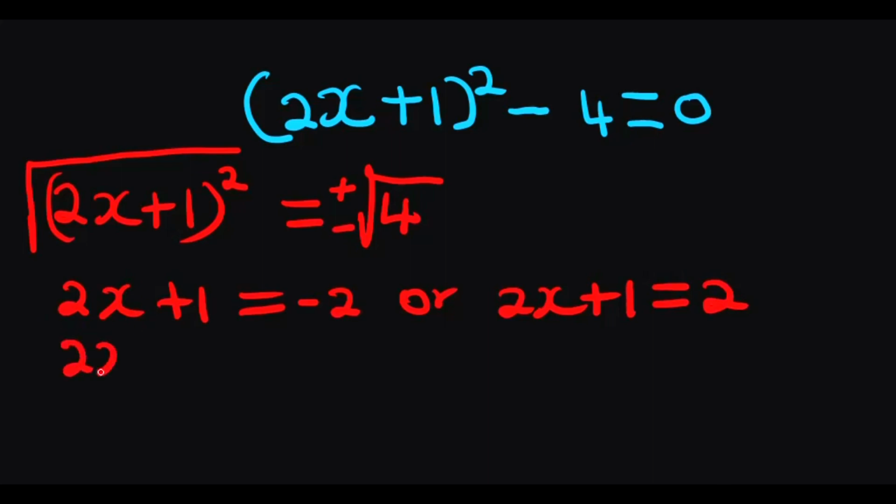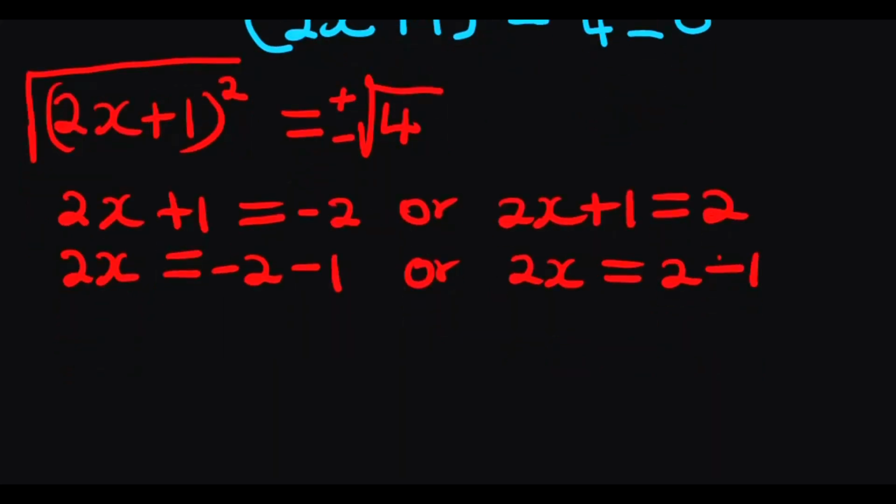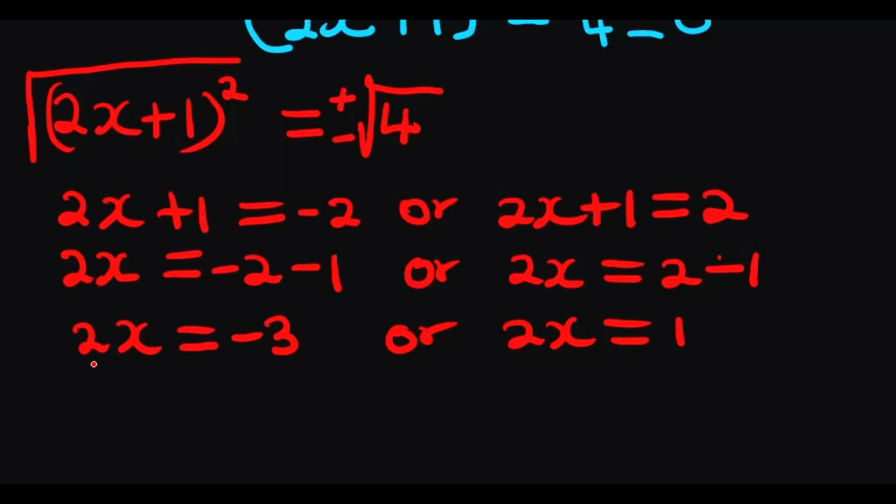Then here we need to transpose this positive 1, which means we'll have 2x is equal to negative 2 minus 1, or 2x is equal to 2 minus 1. So now 2x is equal to negative 3, or 2x is equal to 1.